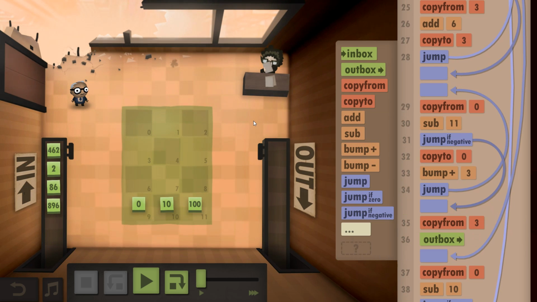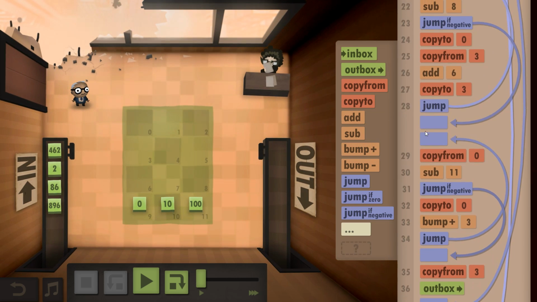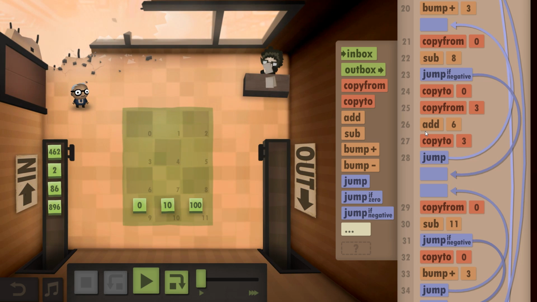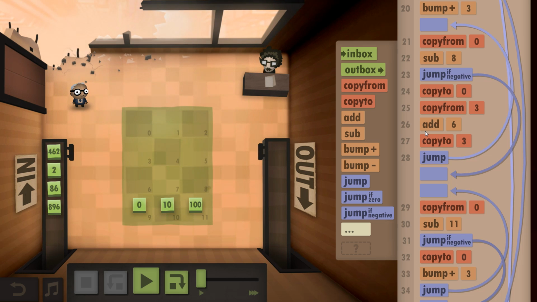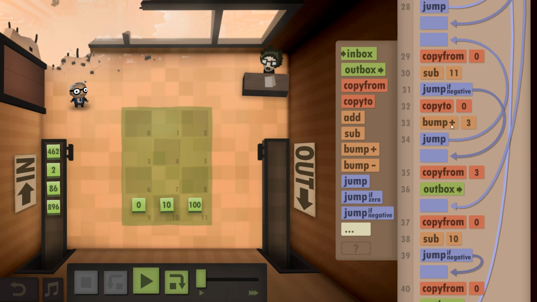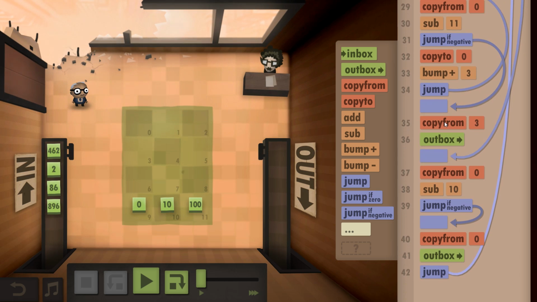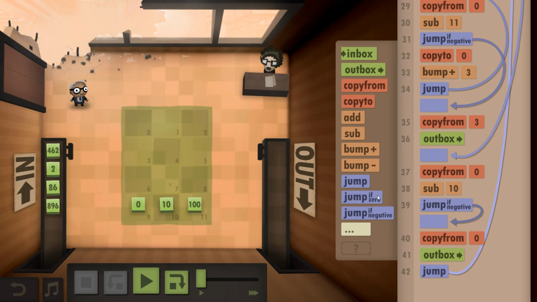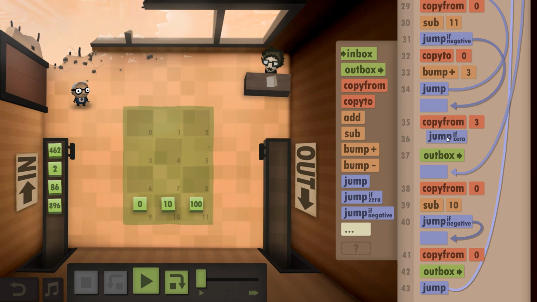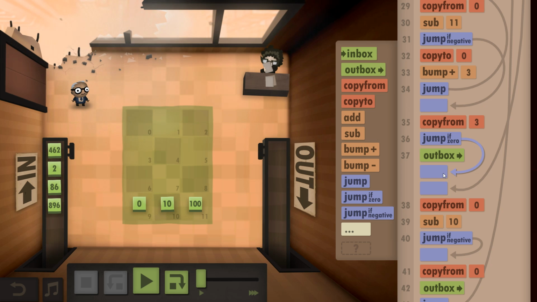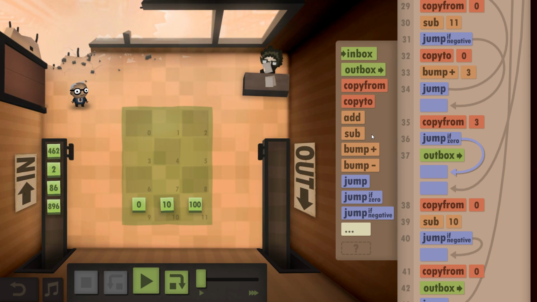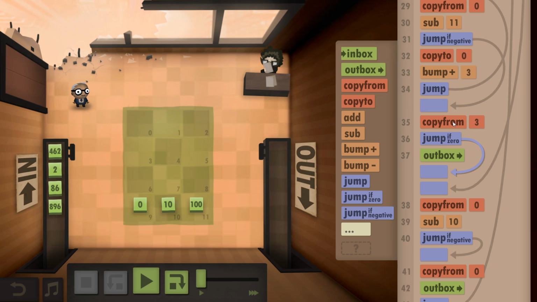The 0 thing is gonna be tough with this one as well again. I already hate it. Let's see. I'll have to have some duplicate code again, which is not nice, but we'll see. So if we copy from 3, and if it's not 0, we outbox it.